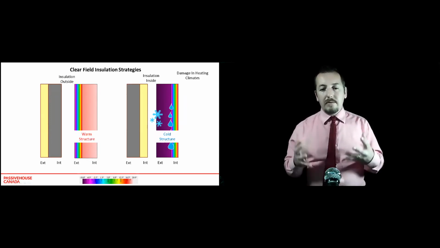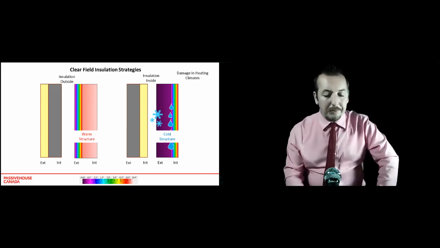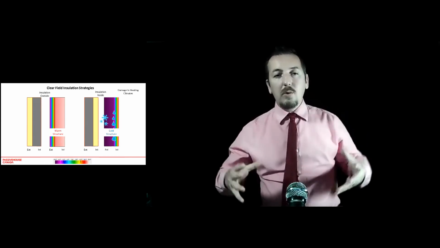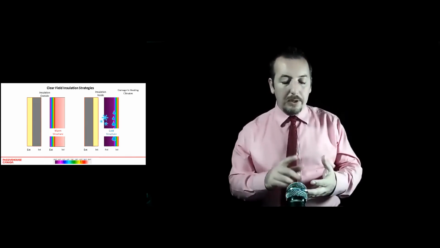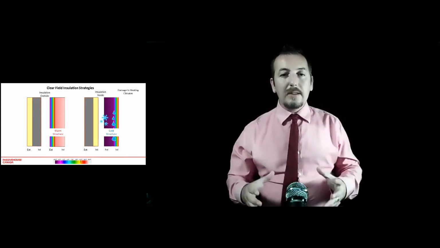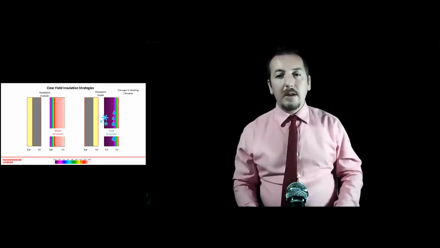And this is the most important aspect of passive house and high performance building: always keep your steel structure or your timber frame structure or your concrete structure inside so that it's kept warm, and then wrap everything on the outside.